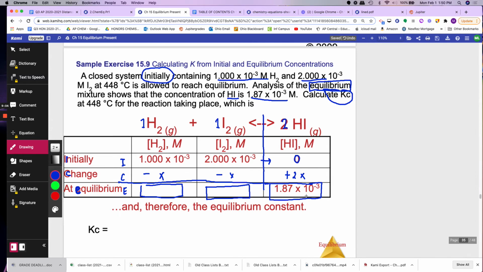Because you have the answer here, you can use the 2x. So 2x is what you added, so 2x would be equal to this. So in this case, 2x is equal to 1.87 E negative 3, because that's what you made.